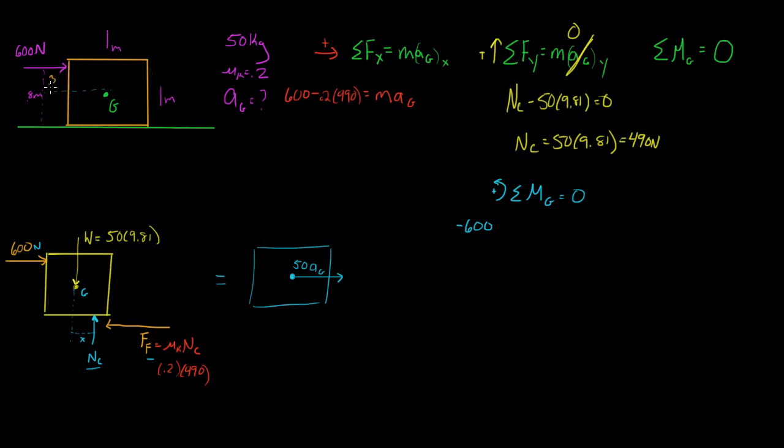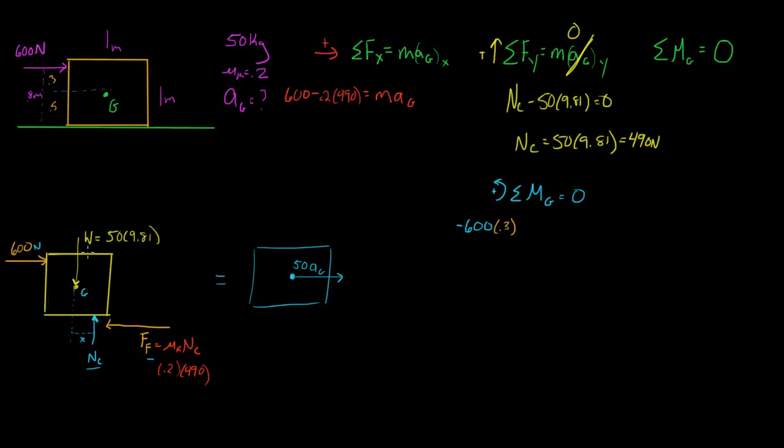Because it's 0.8 meters from the ground. We know the center of gravity is 0.5 meters away. It's right in the middle of this box. The box is 1 meter high, and what's left is 0.3 meters. So it's minus 600 times 0.3.